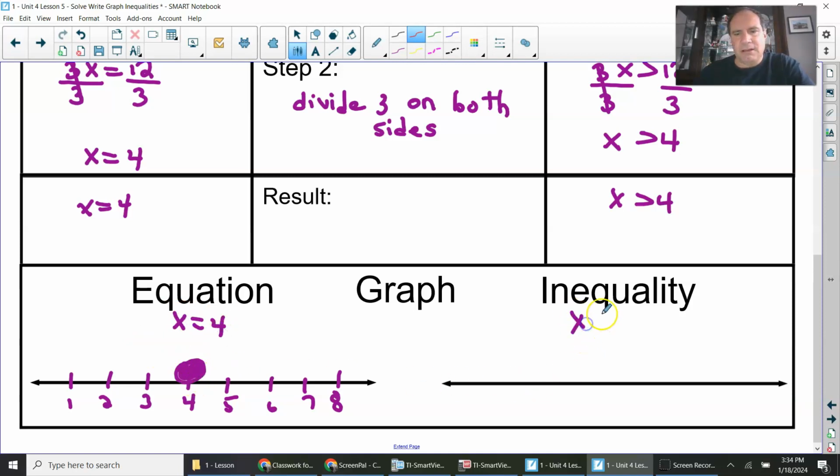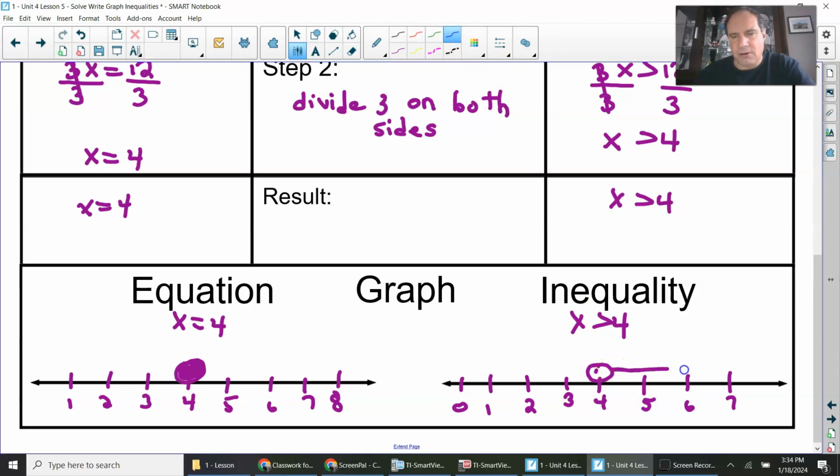For the inequality x greater than 4, I would start with the same thing, 4 directly in the middle, and then put those numbers in along either side. I am going to circle the 4, and then I am not going to shade that in at all.